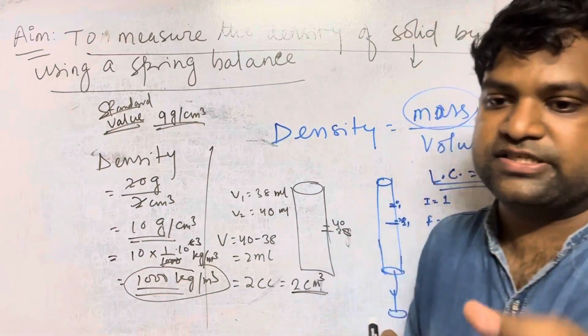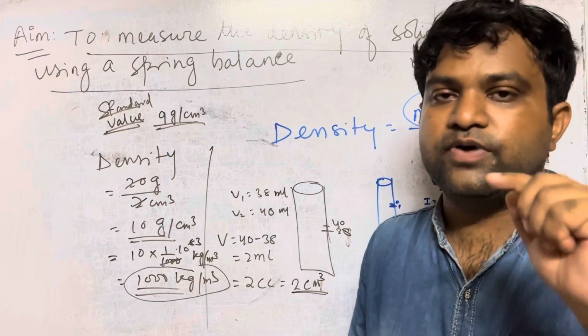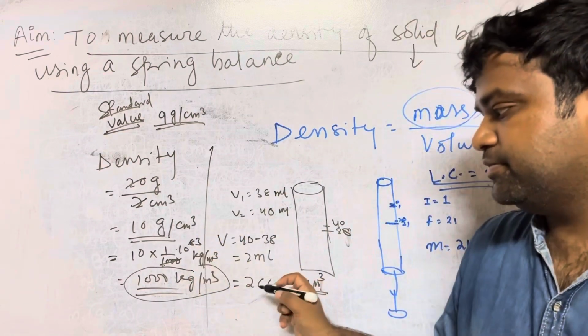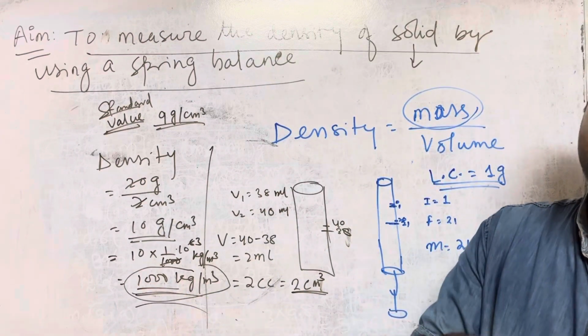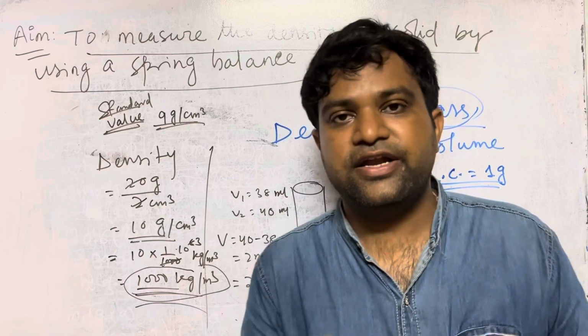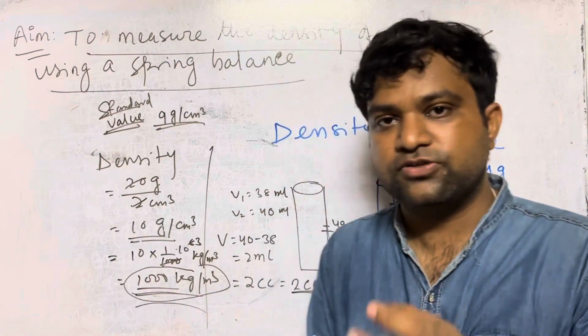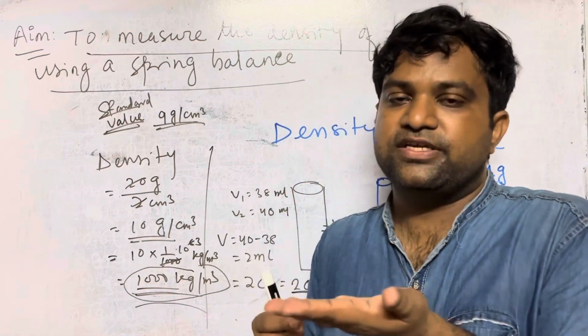If the least count of the measuring cylinder were 0.1 ml instead of 1 ml, we could measure the density more accurately. Any solid you can dip inside this measuring cylinder, and following a similar procedure, you can find the density. Also, you can measure the mass accurately using a digital measuring scale.